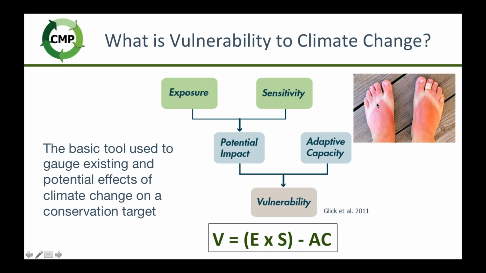This is sort of like me, whereas my children are half Latin American, they have darker skin, they go out in the sun, they look nice and bronzed. I tend to look more like this poor person. Adaptive capacity has to do, in this example, with the ability of the person to move into the shade or put on some sunblock or take some sort of action that decreases their exposure or decreases their sensitivity to it.